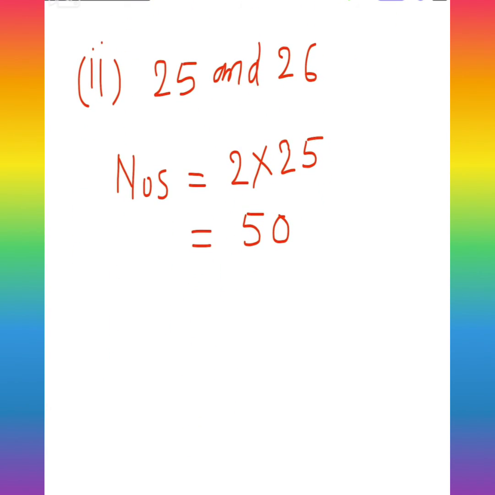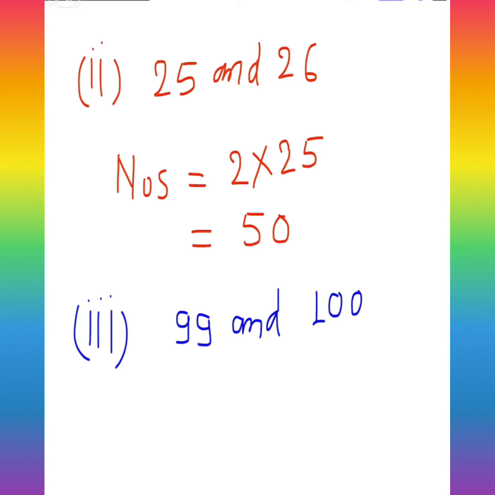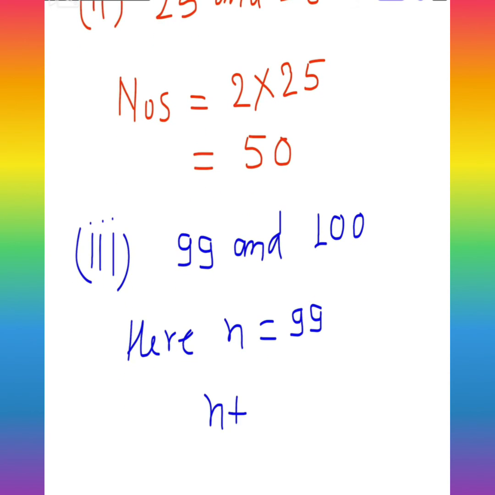Okay, and for part number third, how can you find? Yes, of course, part number third is 99 and 100. So dear, here you can see that n is 99 and n plus 1 is 100.